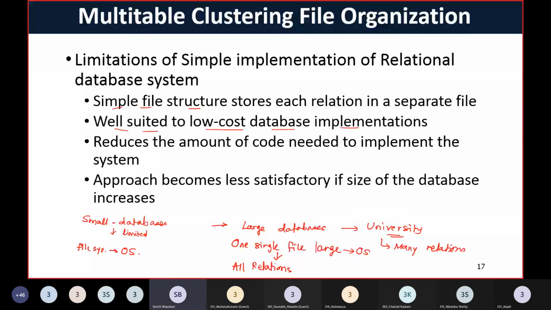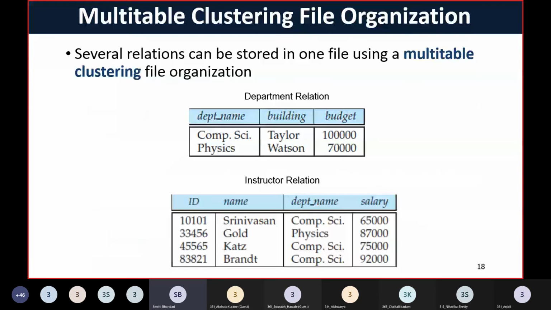Now, let us take one example so that we can understand this multi-table clustering file organization in a systematic way. As I stated, we have several relations in a database, and the multi-table clustering file organization stores more than one relation in one file.